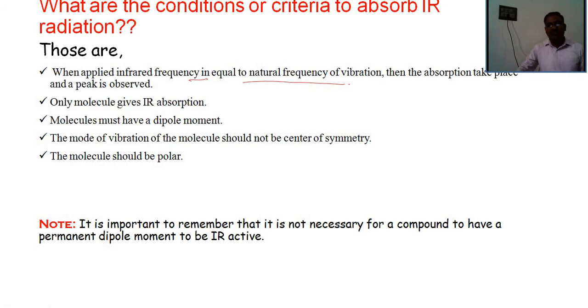The molecule must have a dipole moment. The mode of vibration of the molecule should not have a center of symmetry. The molecule should be polar. Generally, IR radiation obeys these conditions. One important point: it is not necessary for a compound to have a permanent dipole moment to be IR active.